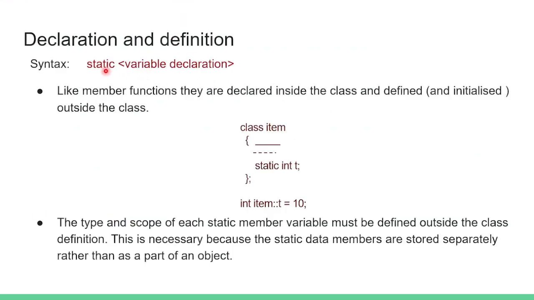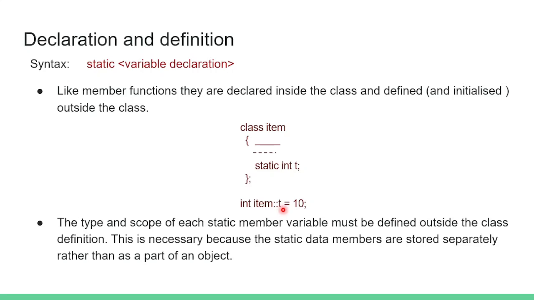So what is the declaration? We need to put static in front of the variable declaration. Like member functions, they are declared inside the class and defined outside the class. So here we have a class item, and here we have static int t, and outside the class we are giving it a value. This symbol is the scope resolution operator, which is used to access a member inside the class.